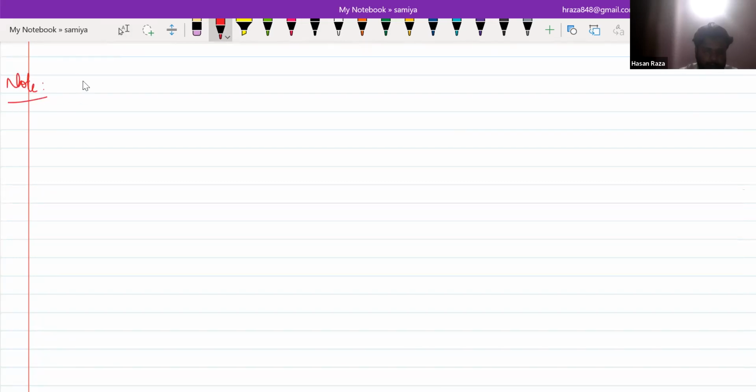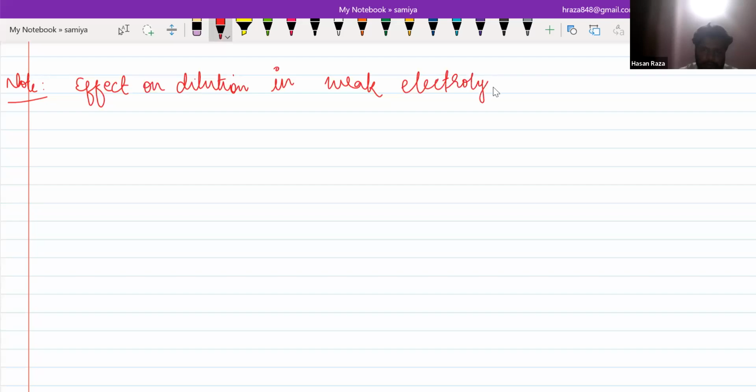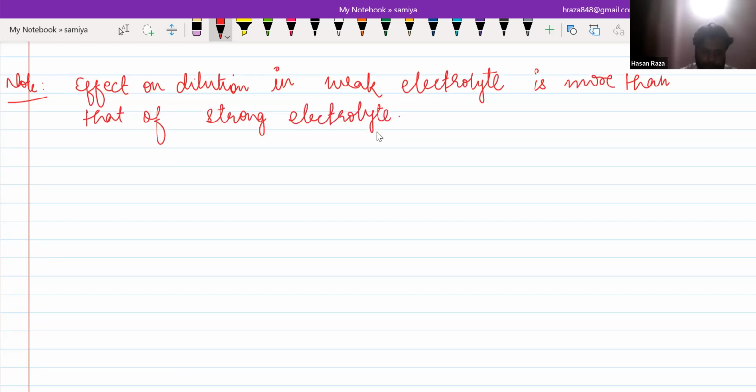Now see, I'm going to write the point. Write a note: effect of dilution in a weak electrolyte is more than that of a strong electrolyte.